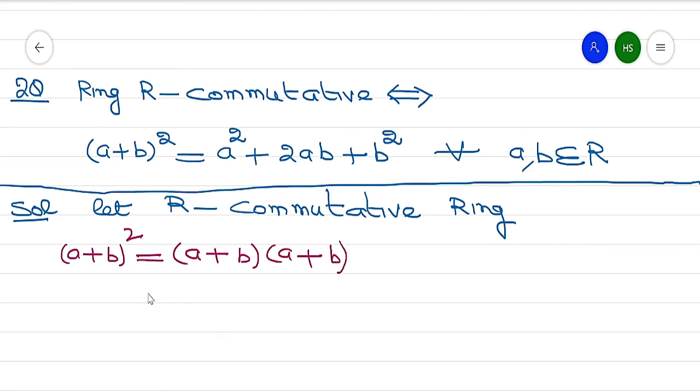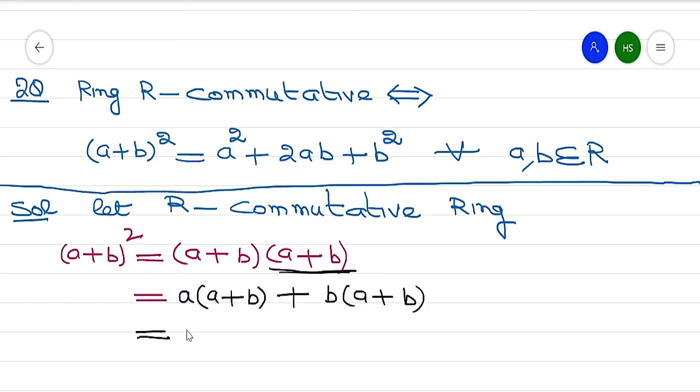Now by using the previous result, or we can directly prove it by taking this as a single element and applying the distributive law: a into (a plus b) plus b into (a plus b), and then again the distributive law: a square plus ab plus ba plus b square.